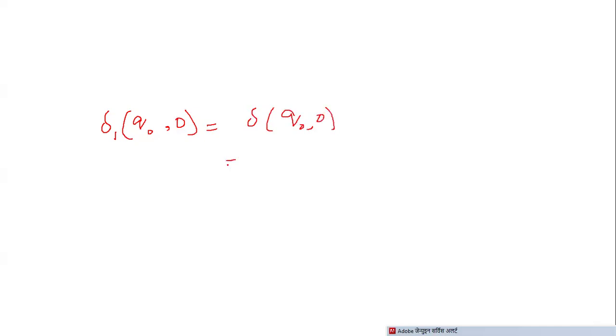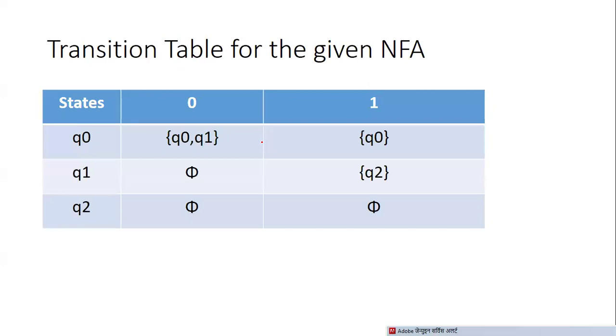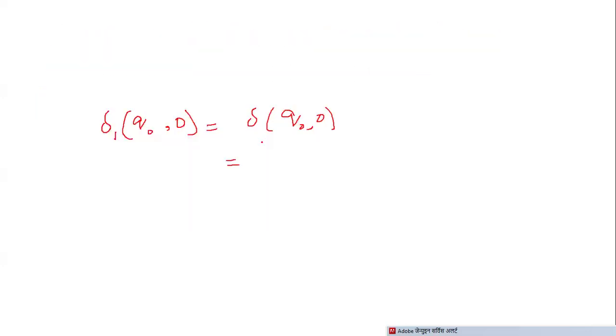What is delta of Q0, comma 0? We know delta of Q0, comma 0 is Q0, comma Q1. So it can either go to Q0 or it can go to Q1. But in a DFA, there should be only one transition for a single input from a given state. Here from the state Q0, it can go to exactly one state.